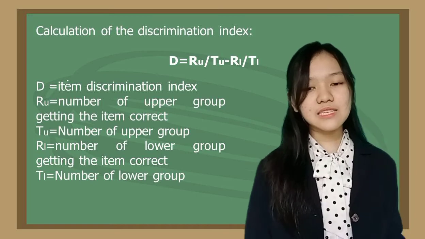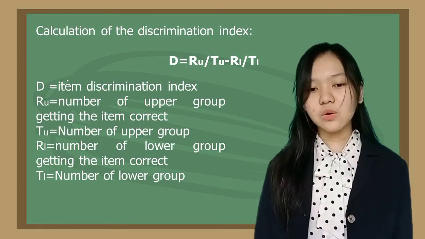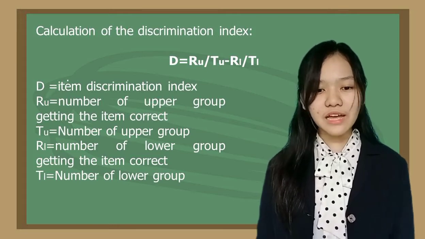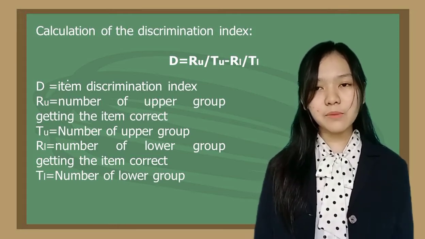As you can see in the PPT, RL is the number of the lower group getting the item correct, and TL is the number of the lower group.